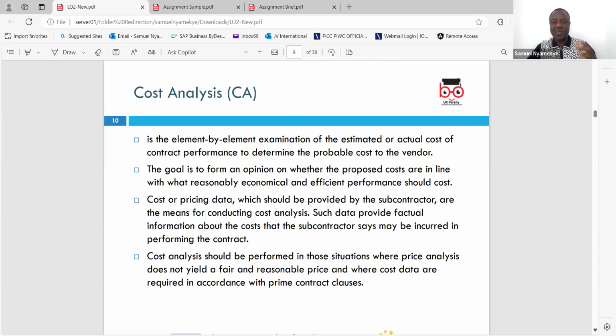You are not looking at the cost just to you, but starting from the vendor, to find out how much it will cost them to be able to price you at that rate. The goal is to form an opinion whether the proposed costs are in line with what is reasonable economically.